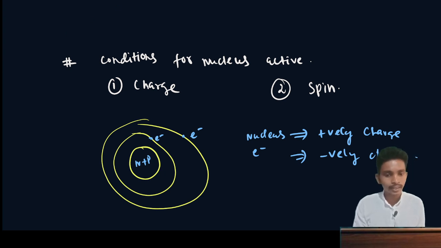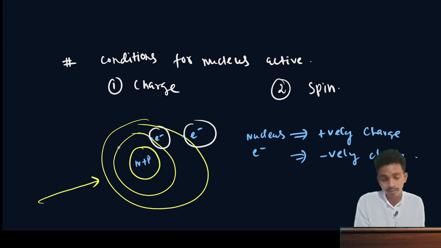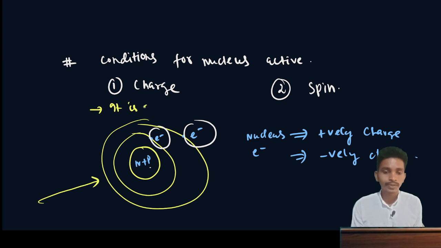Then, if you give any energy to these atoms, the electrons can be removed from the atom. But however much energy you give, we can't remove the protons. So the nucleus is always positively charged, however much energy you give.